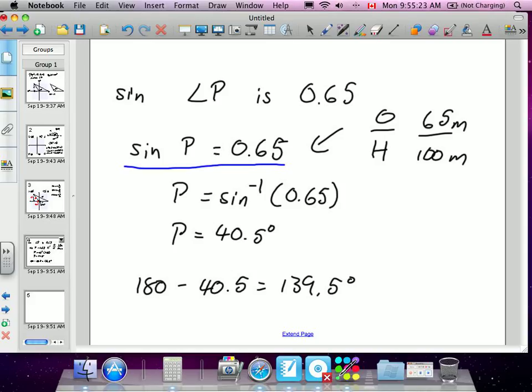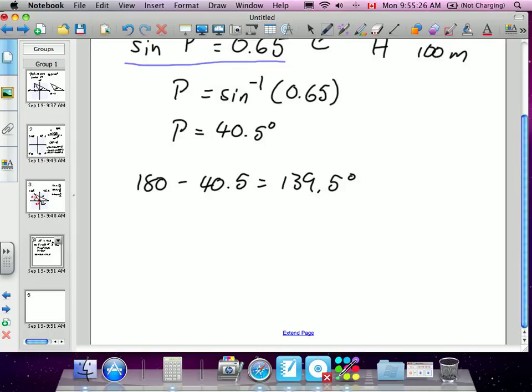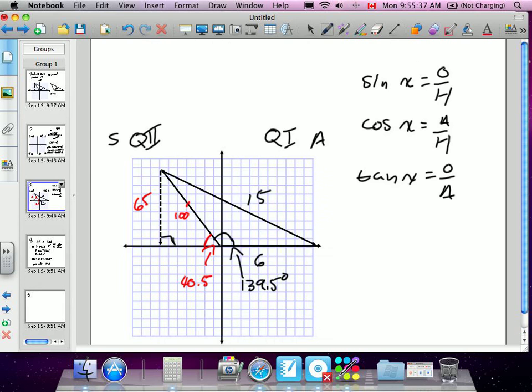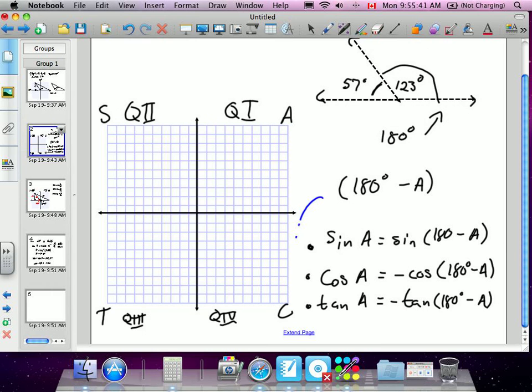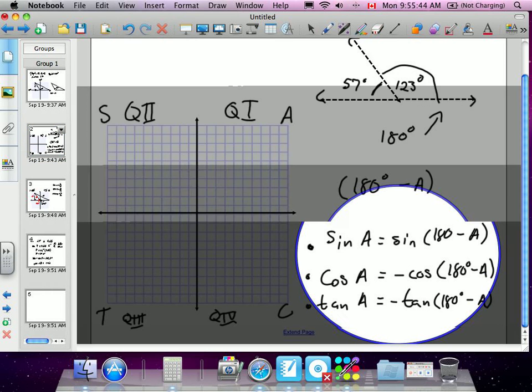So, an example of a question might be something like this again. They might tell you that the cosine of an acute angle R is 0.22. You have to go and use these ratios down here. Okay?